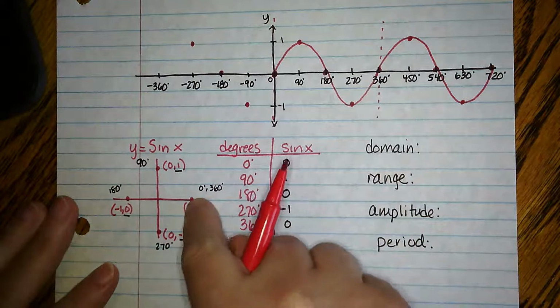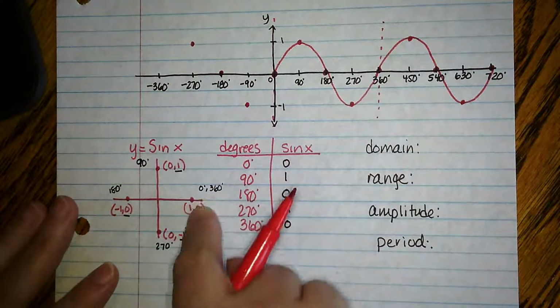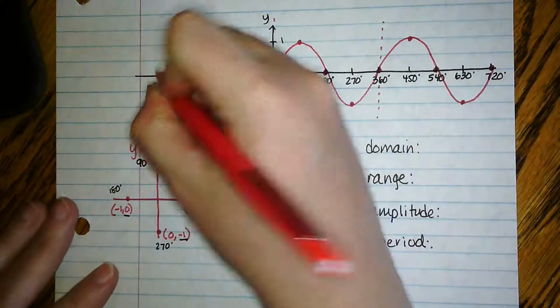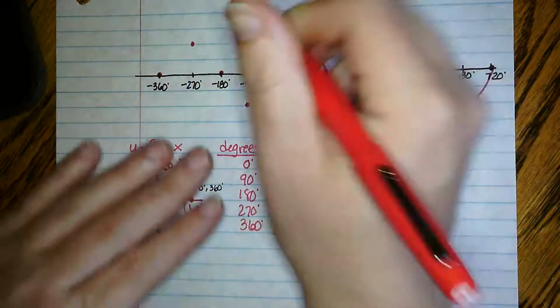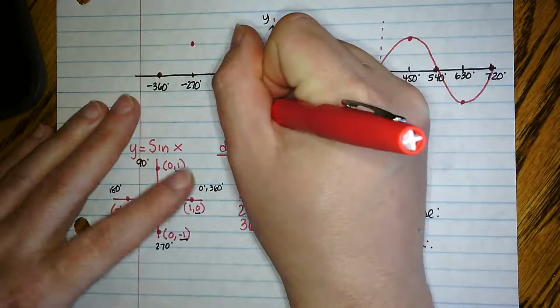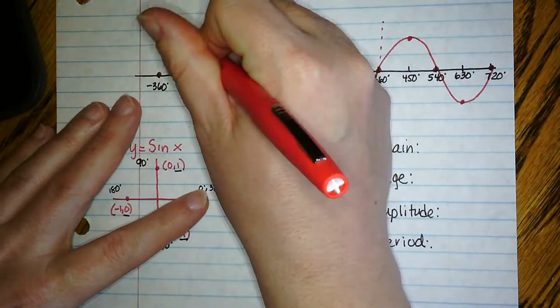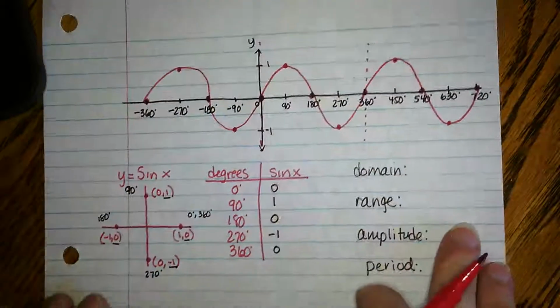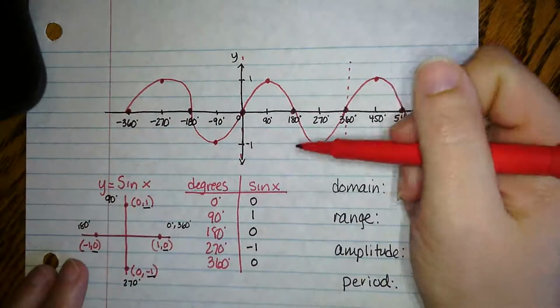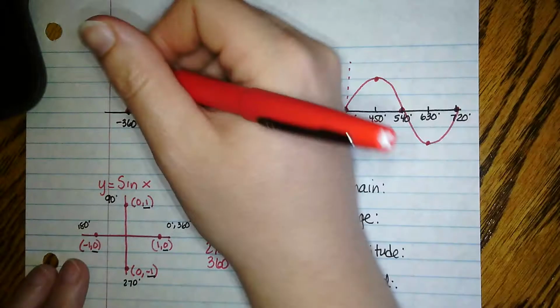And then -360 just means I'm going around 1 full rotation clockwise, back at 0. It's harder to go backwards, believe me. Look at that. So here represents another cycle.